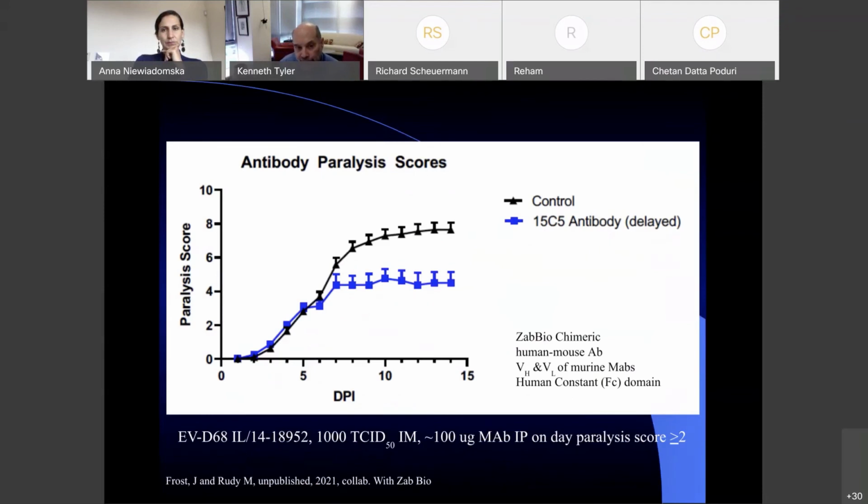And again, you can see the gap between the blue score, being on the lower part of the graph, versus the black control. And so this is a great demonstration of what would really be a therapeutic model, and suggests, as does the IVIG story, that there's potential for immunotherapeutics and treatment, and of course, hopefully bodes well for vaccine design as well.